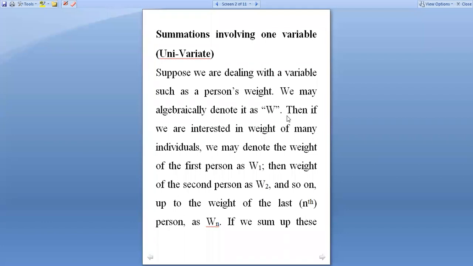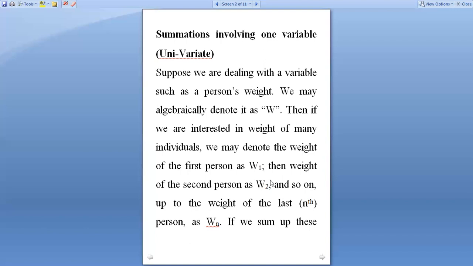So we are using an example of weight, a person's weight. We are representing weight with the letter W. If we want the weight of many people, we shall denote the weight of the first person using W1. So W1 stands for the weight of the first person.